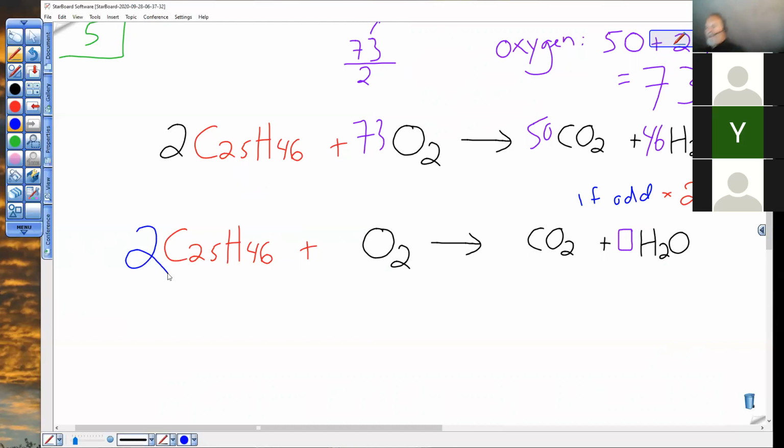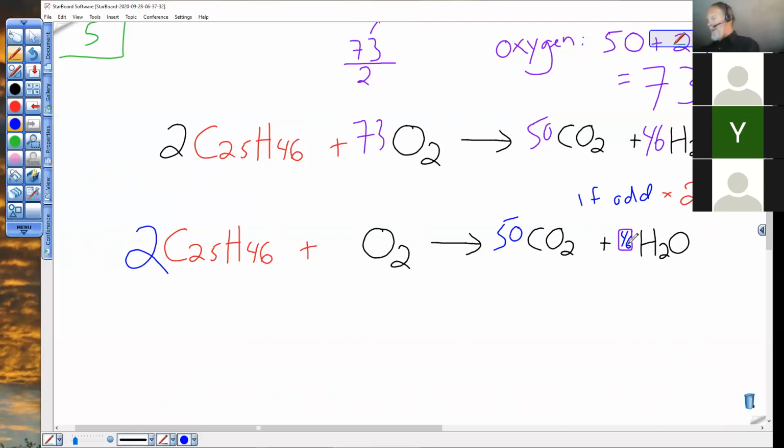How many carbons you got? 50. How many oxygens? 73. You got, well, no, don't do oxygen. You do hydrogen next. 46. Look, 46 times 2 is the same as... it's 46. I got the answer right above, and that's my problem. I'm looking at it.